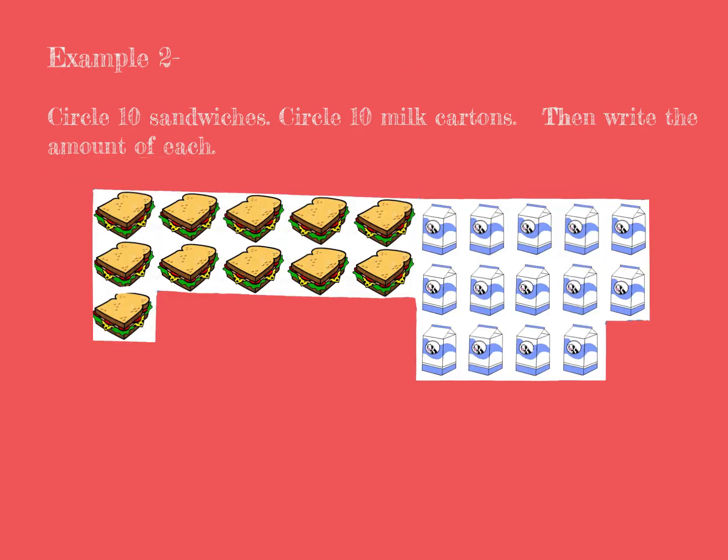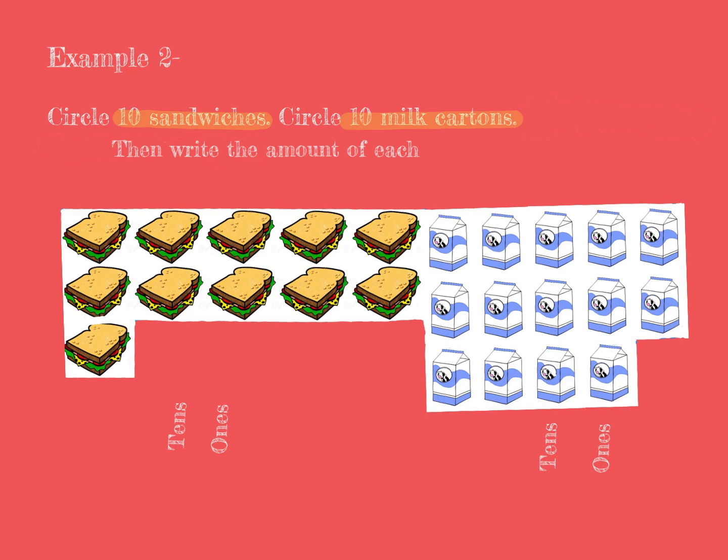Moving on to example 2. Circle 10 sandwiches, circle 10 milk cartons, then write the amount of each. First, we're going to count out 10 sandwiches. 1, 2, 3, 4, 5, 6, 7, 8, 9, 10.